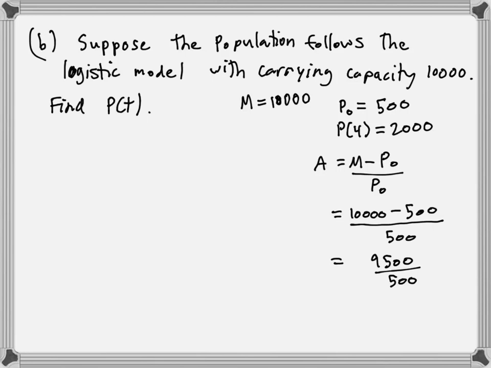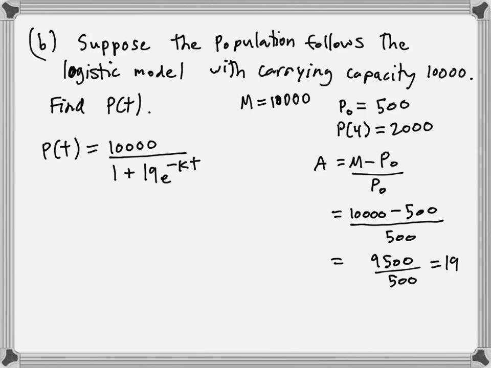I believe that's 19. Let me just check on my calculator. Yes, that's 19. So A is 19. So we're ready to write our answer. P of t, remember, it's equal to M over 1 plus 19 e to the negative kt.